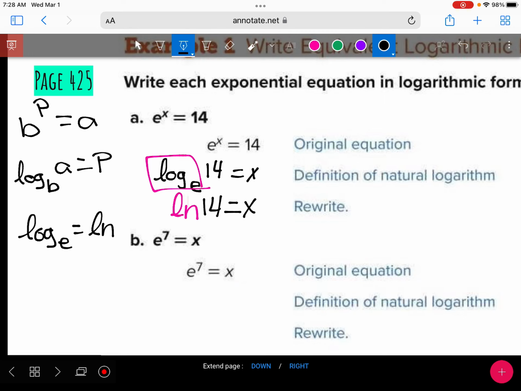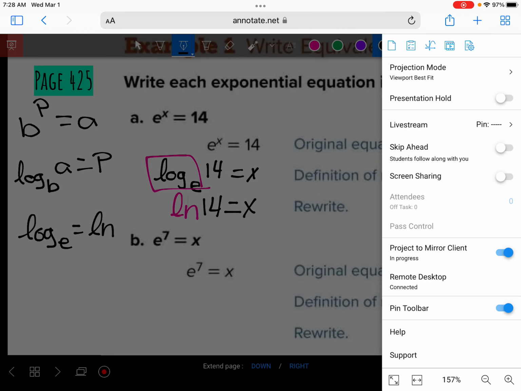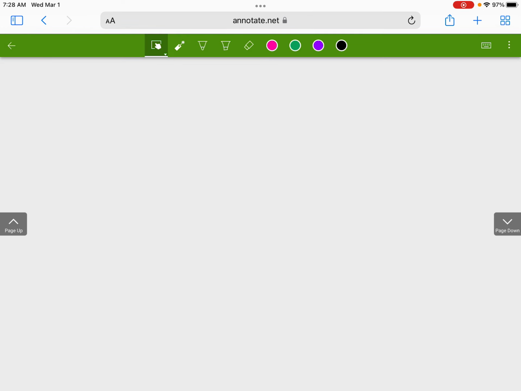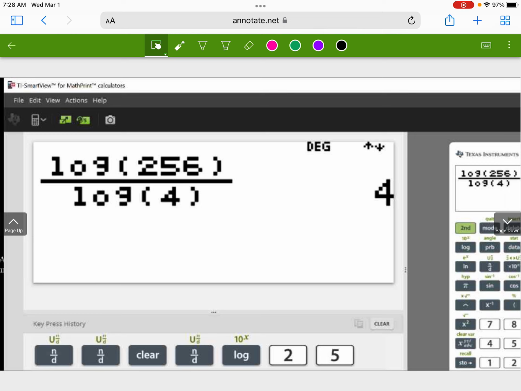Your calculator has an LN button, it is common enough that there exists a button for it. So I can go onto my calculator if my computer's not being a jerk. I am tapping clear, this button right here.